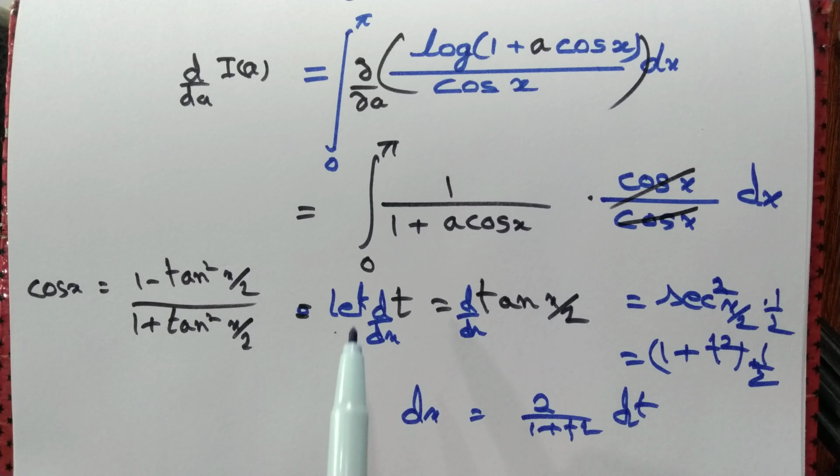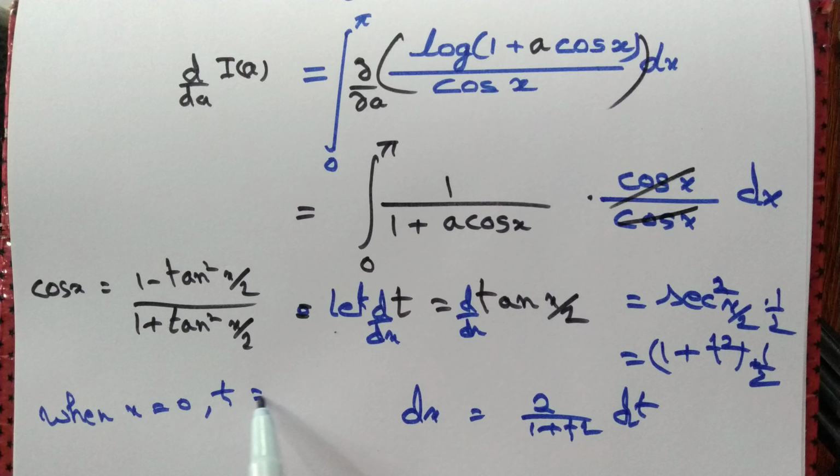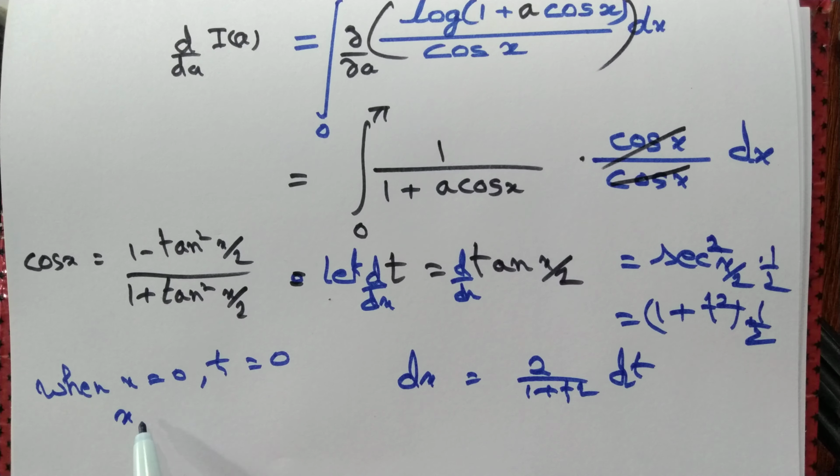When x equals 0, t is also equal to 0. When x equals pi, t approaches tan pi/2, tan 90 degrees is undefined, so t approaches infinity.